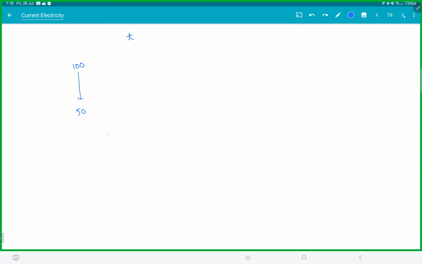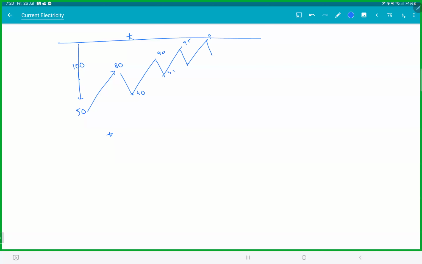So let's say in another time t, the 50 went to 80. Now what is 50% of 80? 40. But now when you charge again, you'll charge by some certain amount, maybe 40 or 45. Again you'll go to 90. Again you'll go to 45. Then again you'll go to 95. Again half of it, 98. Again half. You're getting it. In the end you're trying to reach 100 again.